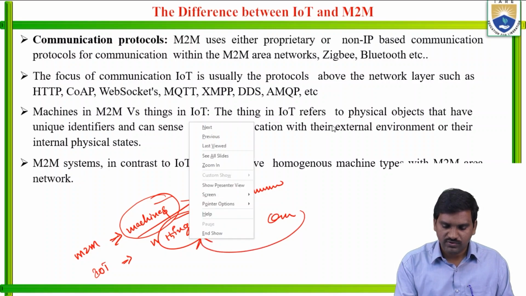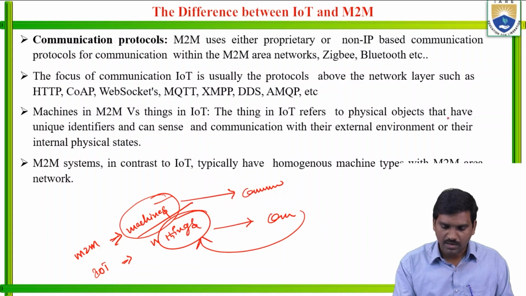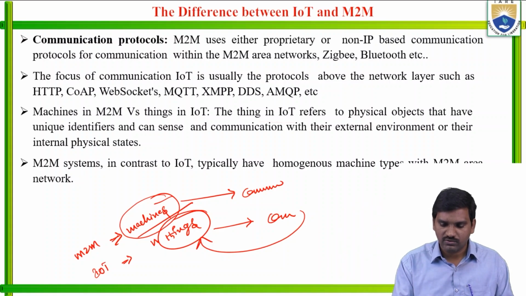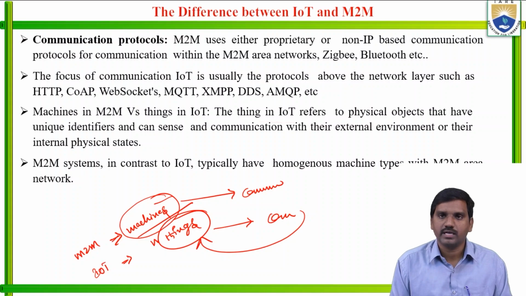The things refer to physical objects that have unique identifiers, can sense and gather information, and can send it to the destination, from the external environment to other internal physical assets.